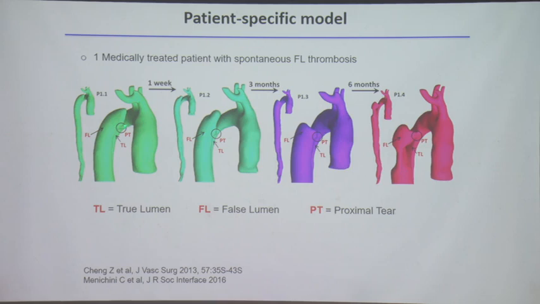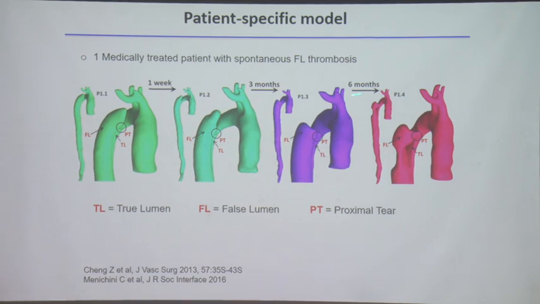So this is the initial presentation, and after some time you can see that the shape has changed. The reason the false lumen shape has changed is because at this top part, thrombus has formed. That's why the region that is open to the blood flow is smaller. The volume is smaller, so the shape is like this.